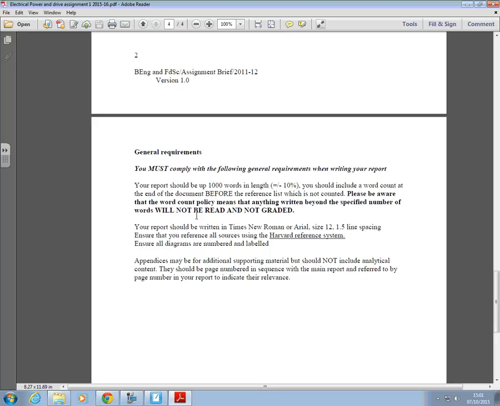I would say that if an appendix isn't referred to, it shouldn't be there. So if you haven't mentioned Appendix 3 in the body of your report, why is it there? I certainly am not going to read it. You might add some additional information in there, but your main evidence that supports your argument should be up in the main report.